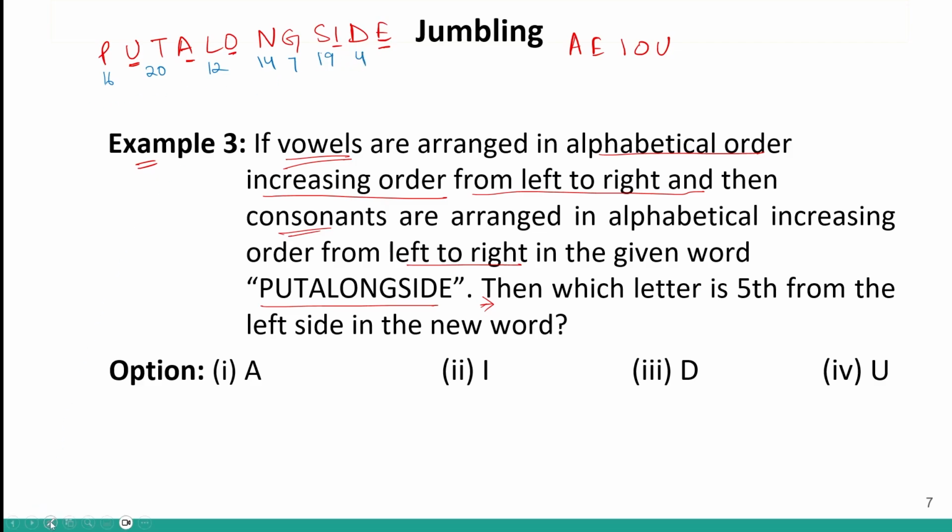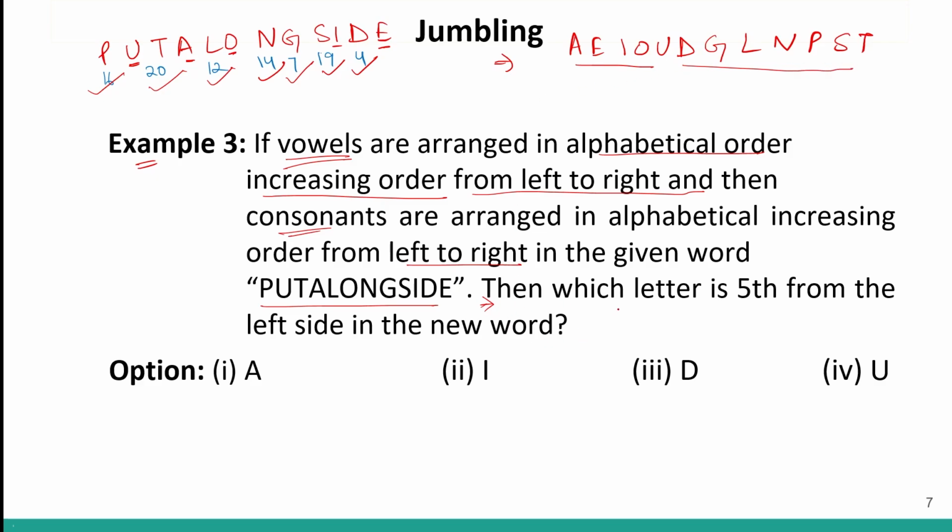So, if I arrange them in increasing alphabet order, it will be D, then G, then L, and then N, then P, then S, and then T. So after rearrangement, putting vowels first and then consonants, this is what we'll get.